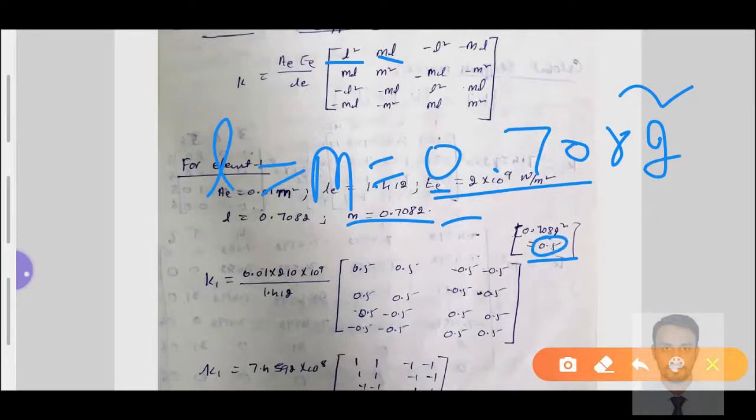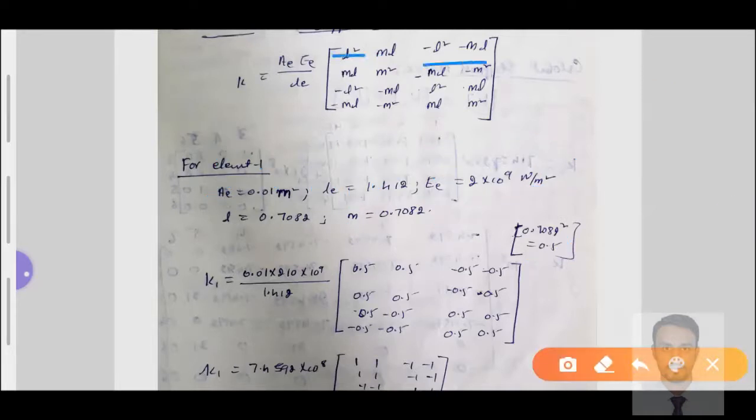What I have done here, each and every point we have the same characteristics. L square is this value 0.5, again this value is 0.5, and then minus L square. See, concentrate here, I've taken minus.